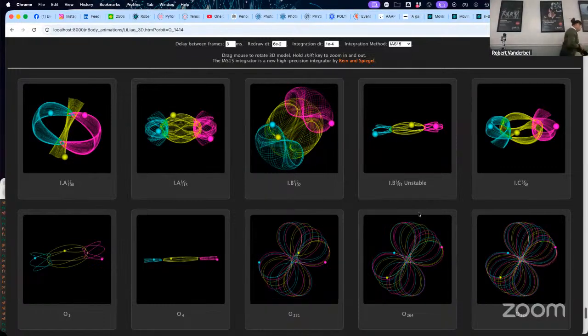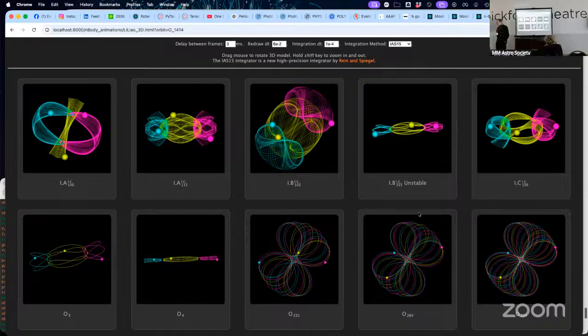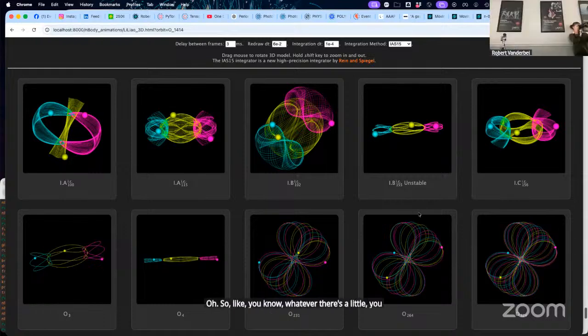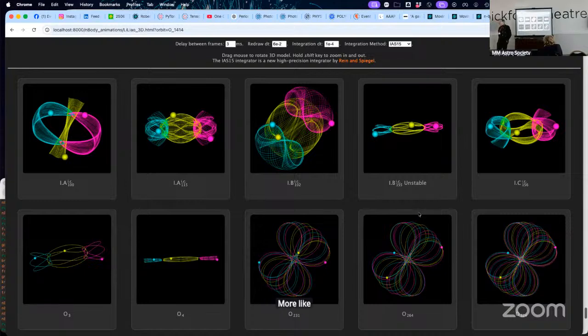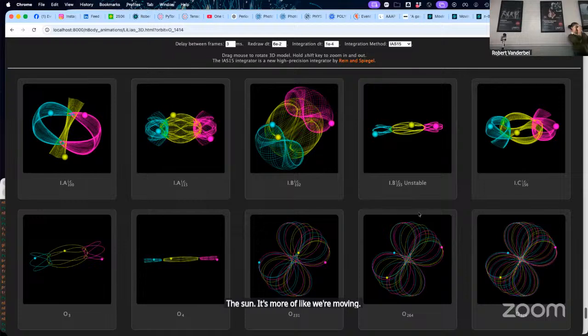Louder. So like, the average, it's more like maybe the actual center of the system. Yeah, the center of mass. Right.